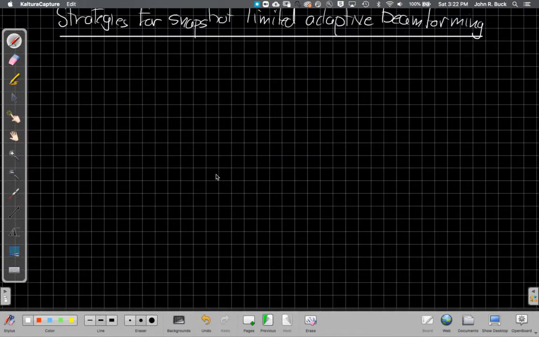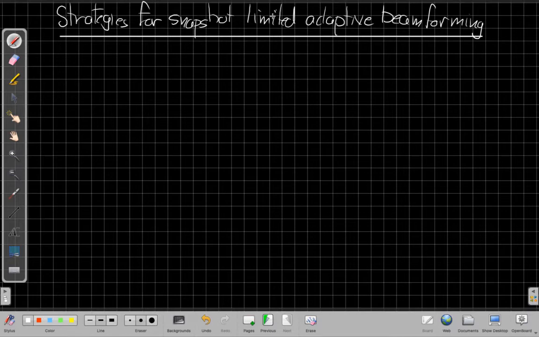Okay, so a couple strategies for snapshot limited adaptive beamforming. One we saw last class. If you want to challenge your memory a little bit, pause and remember: what could we do to the sample covariance matrix to improve the performance? Hopefully, coming back, you remembered that the first one we saw is often called diagonal loading.